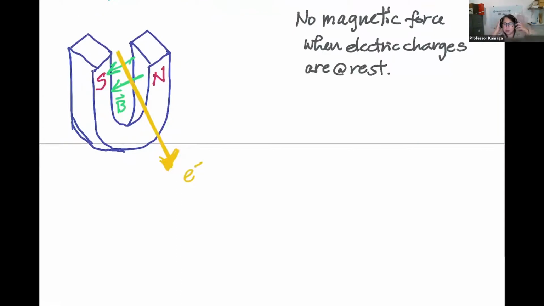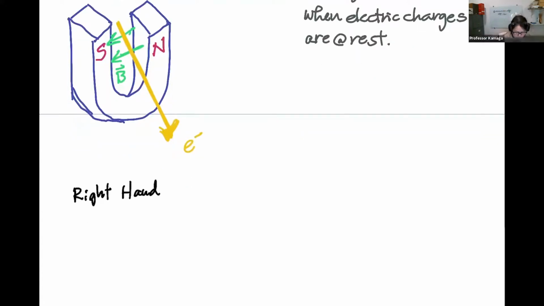So again, I'm sorry that I use the right hand rule again, but it's not the same right hand rule. So you're going to use the right hand. So here's the right hand. Then the direction of your right hand fingers is the current.